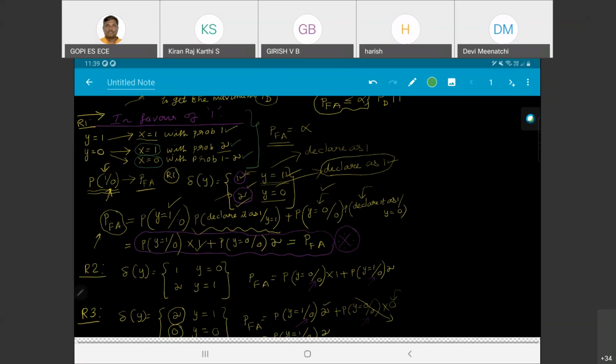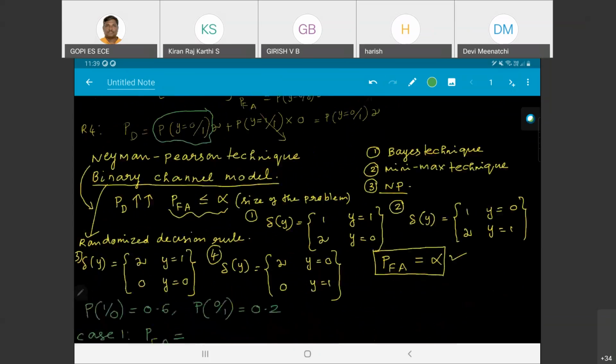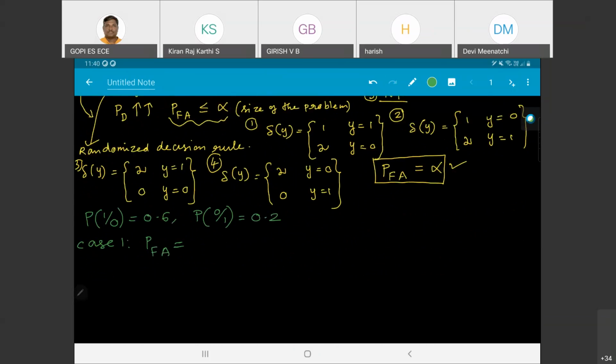It is there in your notebook. Anyhow, we'll do it again. We have to compute this probability of false alarm now, but with the values now known. This is the probability that y equal to 1 when 0 is transmitted, right? So this is the transition probability of the channel.